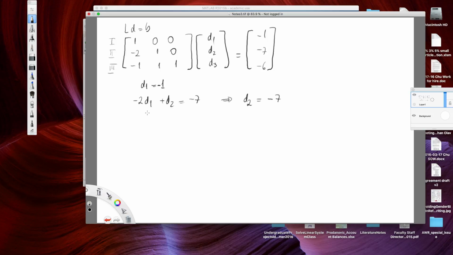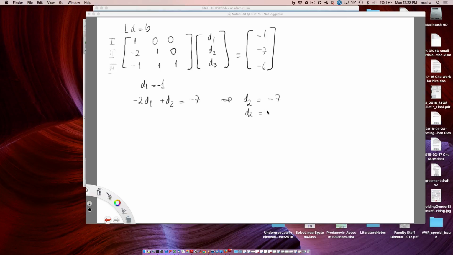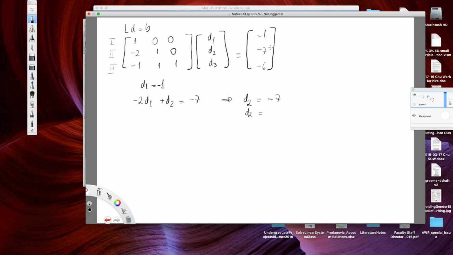So this is 2 on the other side, so my D2 is? How'd you get D2 equal to -7? Minus 2 times D1 plus 1 times D2 is equal to -7. That's my equation 2.